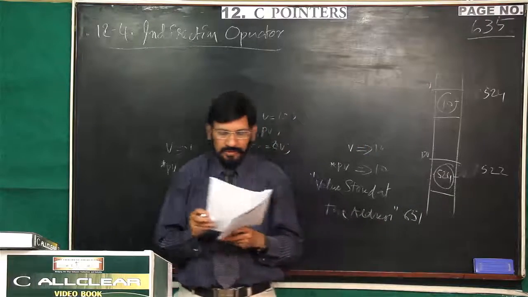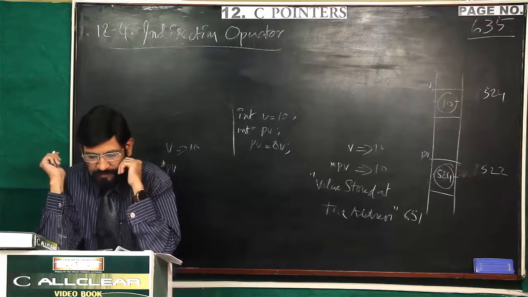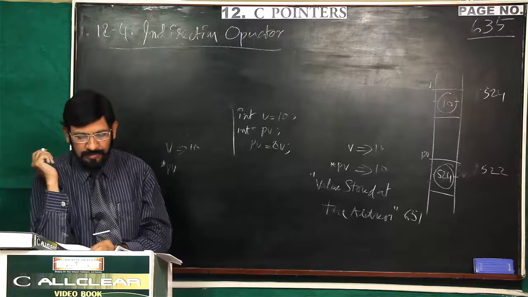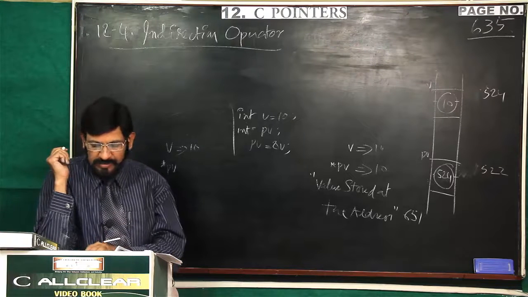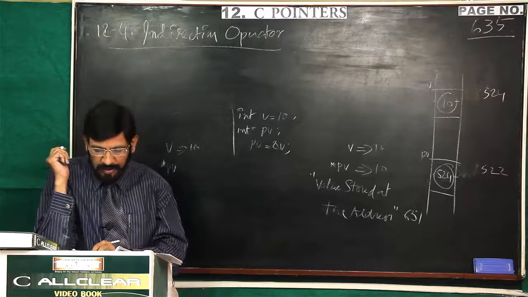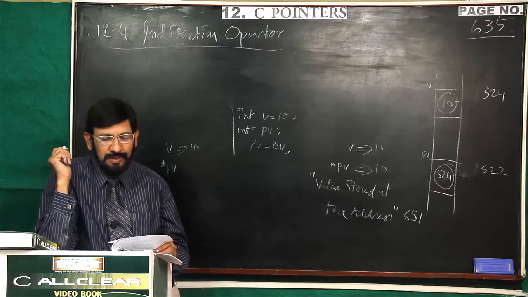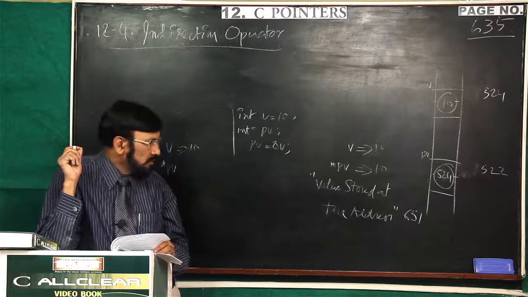With reference to this, you study every notation in the program. V is the name, and the value in the ordinary variable is 10, its address, &V, is 65,524, and the indirect way, star PV, is 10, that is the value stored at the address.